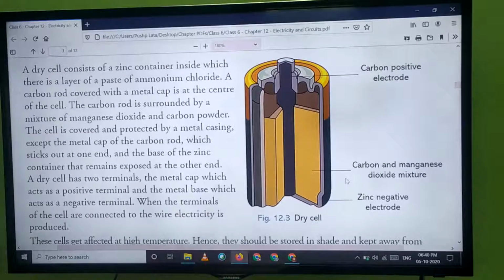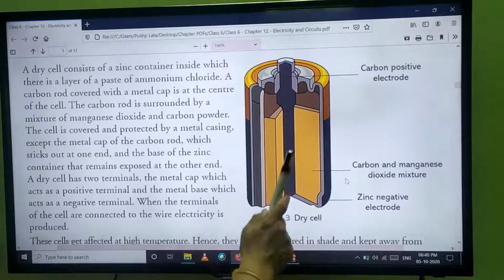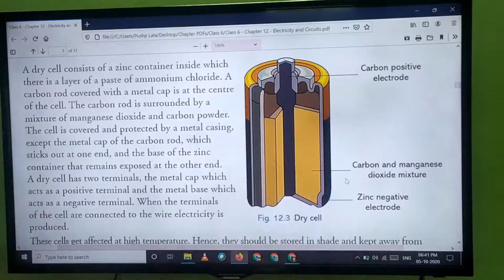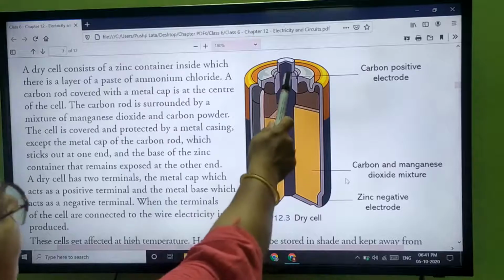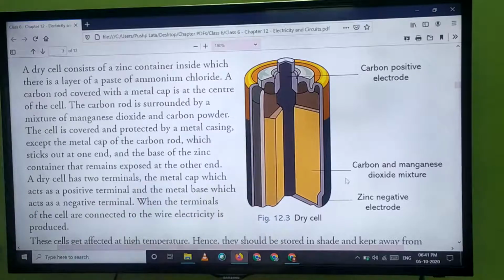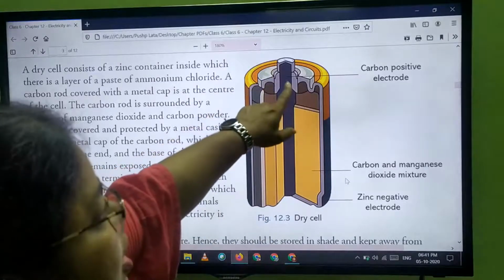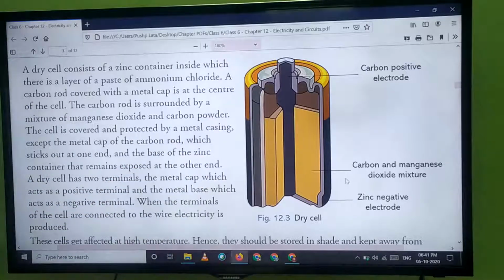Again, let us see. This is a metal case which has in the center the carbon rod. It is surrounded by carbon and manganese dioxide mixture. Then the metal case is made up of zinc. This part of the zinc metal case behaves like a negative terminal, and this carbon part which is protruding out is behaving like a positive terminal.